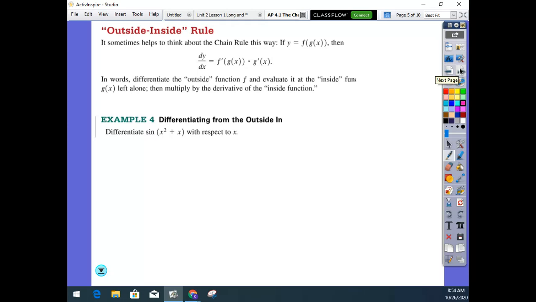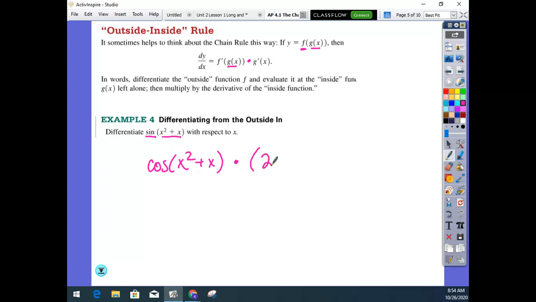So think about if we've got a composite function f of g of x, when we take the derivative of one part, the inside part stays the same, then we take it times the derivative of the inside. We call that inside out. So let's look at example 4, and the way I want you to think about this is we take the derivative of sine, which we know is cosine, the inside stays the same, times the derivative of the inside, 2x plus 1.